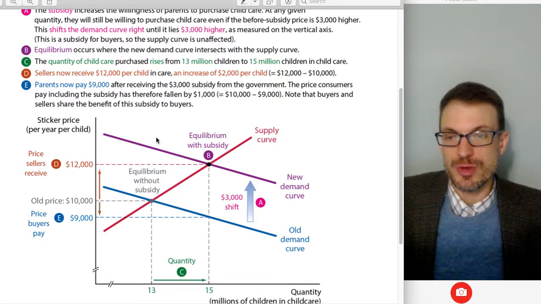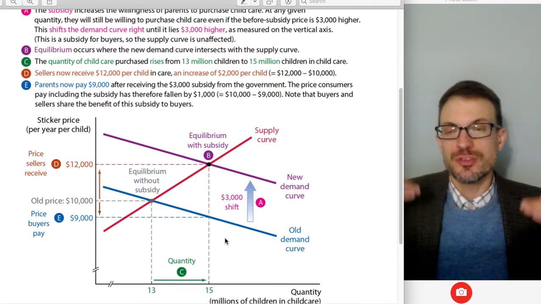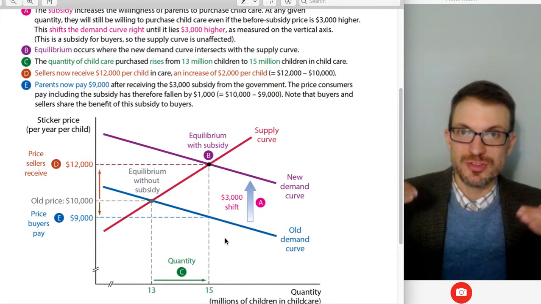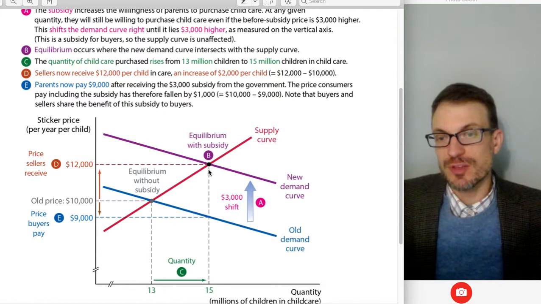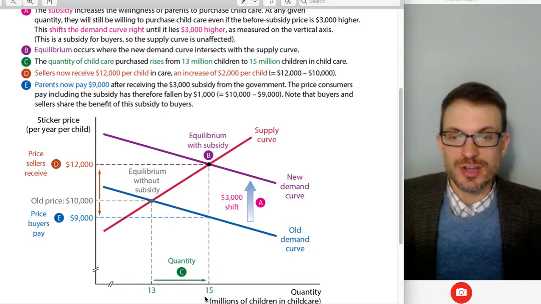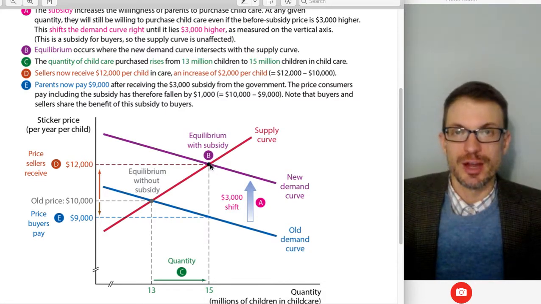We think of the $3,000 as raising the willingness to pay. And by raising the willingness to pay, this is also an increase in demand. So now more is purchased, right? So what's happened is we've shifted our demand curve by $3,000. A larger quantity of childcare is purchased, corresponding on the original supply curve with a higher price. Now the price is $12,000.